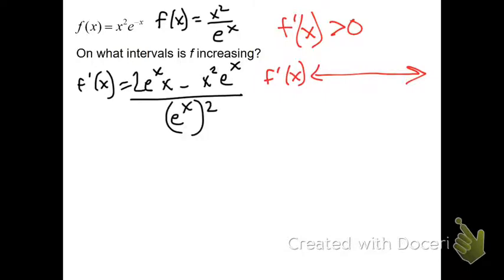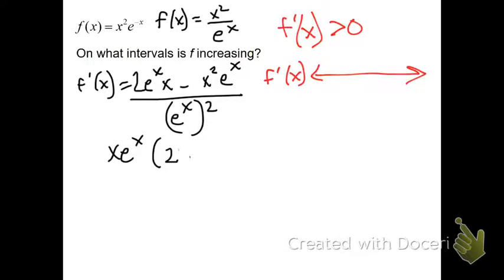Now notice there's an e to the x in each little group, so we're going to factor out that e to the x, and you'll be left with 2x minus, oops, I should have also factored out an x, I just noticed. They both have an x in common, so I'll factor that out too. And now, let's see what we're left with.